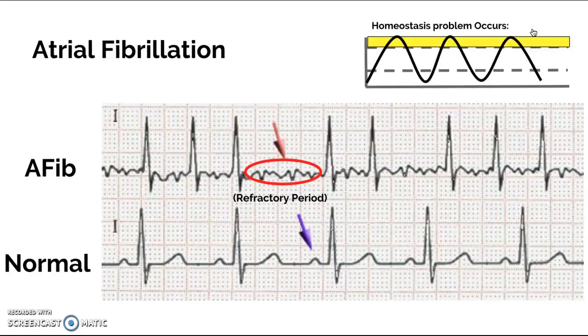An example of arrhythmia is atrial fibrillation, or AFib. This is when the refractory period of the atria is made irregular due to the excitability of the vagus nerve affecting the parasympathetic nerves.